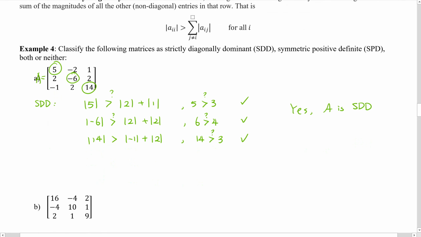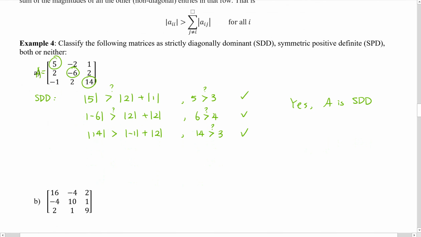Okay, for SPD, last time we already checked it, right? First, is it symmetric? A is not symmetric. You can see this is -2, this is 2.